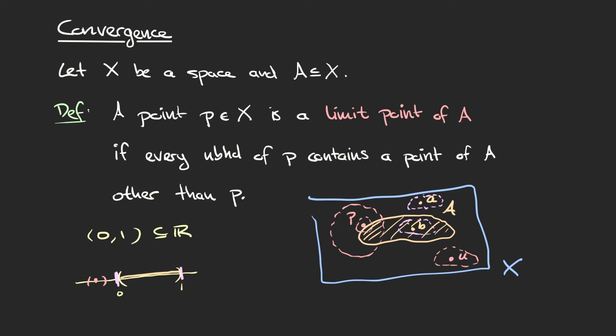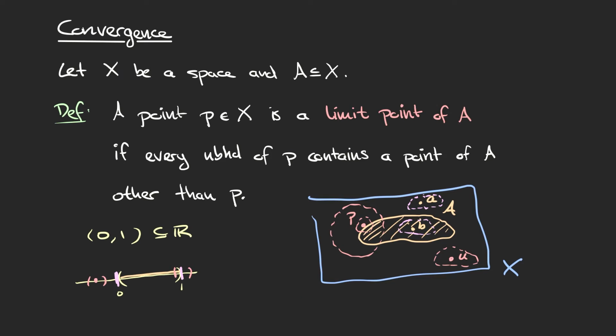Why is this? Well, if we have some open set surrounding the point 1, for example, then we can find a small epsilon interval that fits completely within that open set. And now, because this interval has a positive radius, it has to intersect the open interval (0, 1).